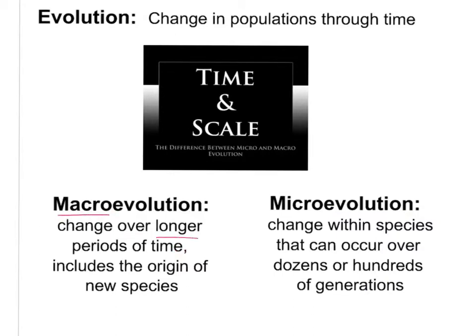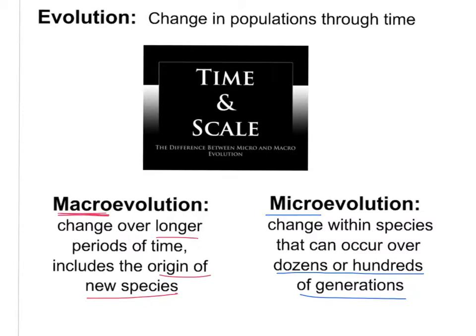The scale for that is usually looking at the origin of new species. Microevolution, on the other hand, is talking about time within dozens or hundreds of generations. That sounds like a long period of time, but it would be a much smaller period of time than what we're looking at in macroevolution.